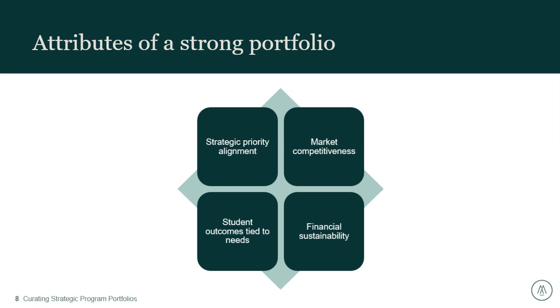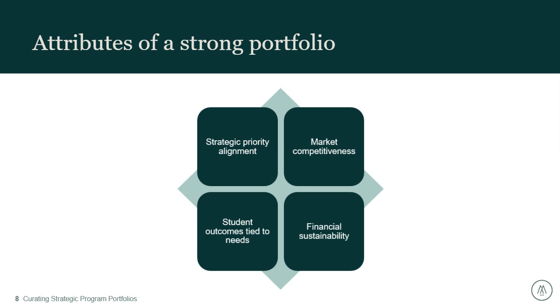Student outcomes tied to needs. This is really looking at your labor market: local, regional, and national. Are the student outcomes tying to the needs of that labor market and society? And then finally, financial sustainability. We all know that programs that are struggling to keep up enrollment aren't necessarily financially sustainable.